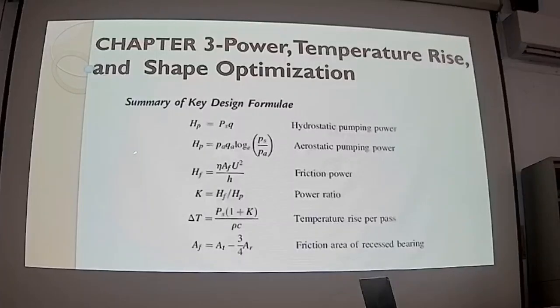So we can use this formula to estimate for each bearing type how much the friction power will generate if you're running a certain rotational speed under a certain film gap thickness.